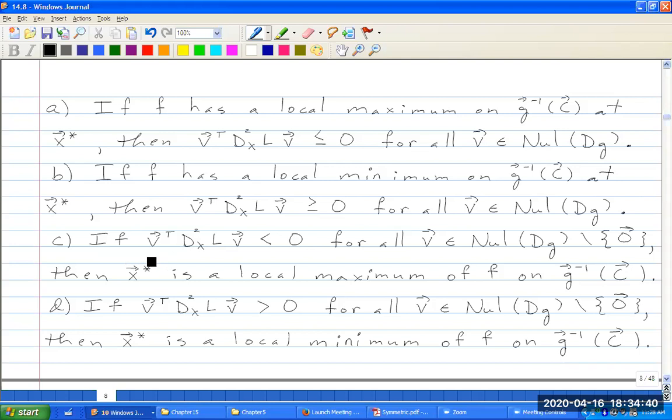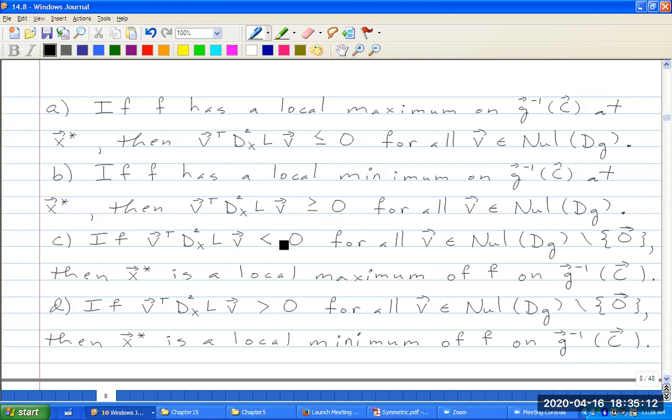If v transpose D squared L v is less than 0 for all v in the null space of DG without the 0 vector, then x star is a local maximum of f on g inverse c.